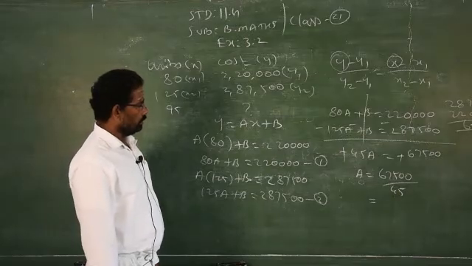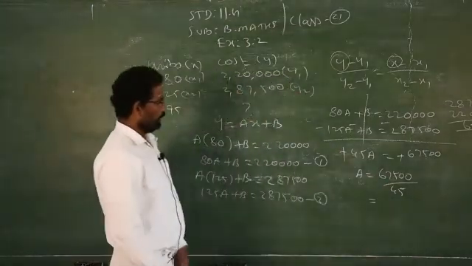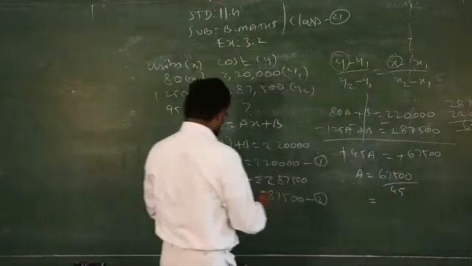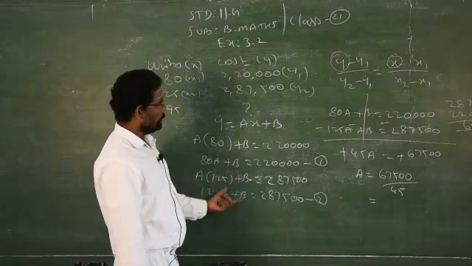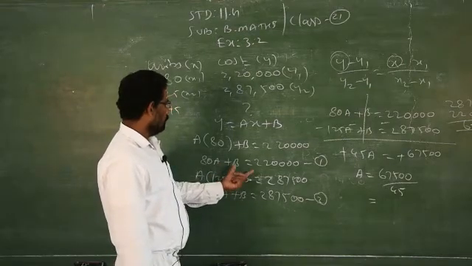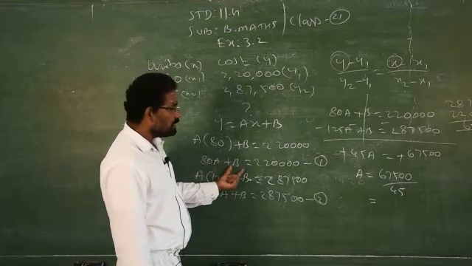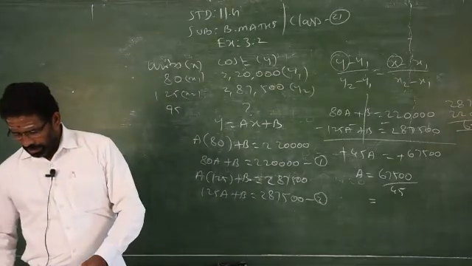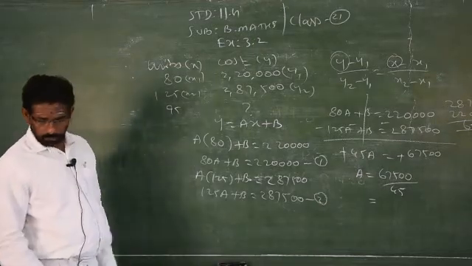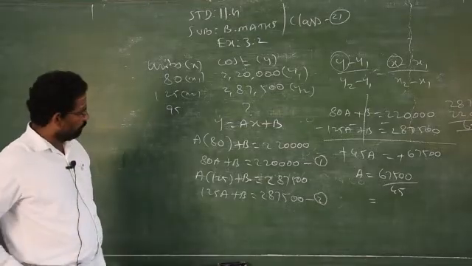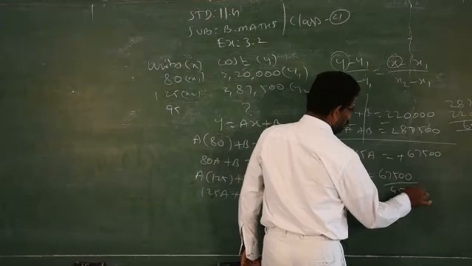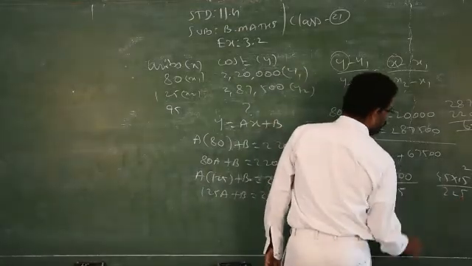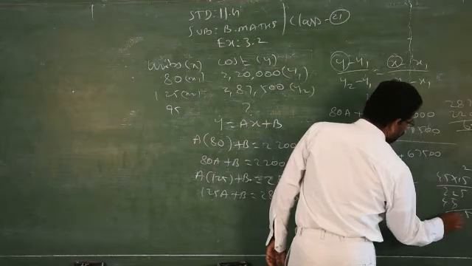When you divide this, you can use the calculator and find the value of A. After finding the value of A, take any one of these equations, substitute in place of A and find B. Once you find A and B, you can easily find the final cost. 45 into 15, 5 5s are 25, remainder 2, 22, 5, 4, 5, 7, 6.